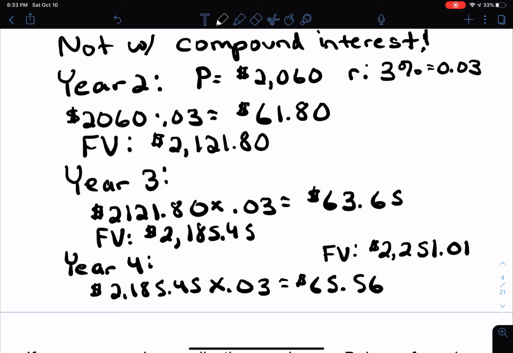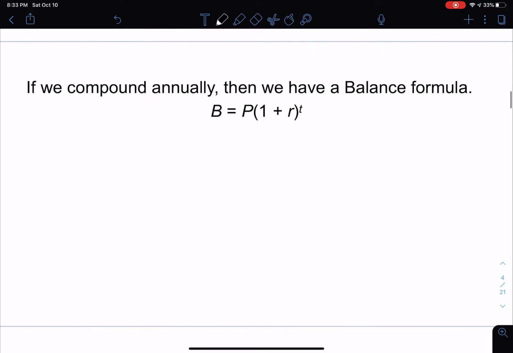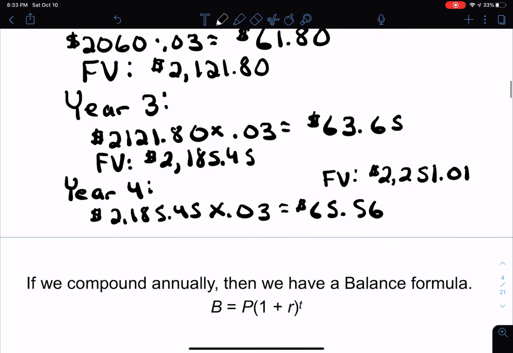The more your initial principal and the more time that passes, the more the potential. Because when you're compounding annually, like we are right now, you've turned that time into an exponent. Remember earlier we had F equals P times 1 plus RT.